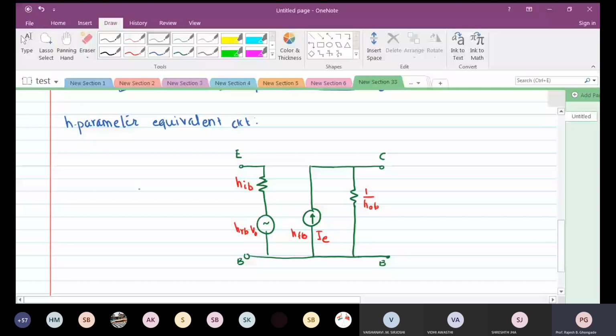Now we have a simpler figure here, just to complete the other part of the circuit. This will be your RE. This will be RC. You have the output voltage generated.